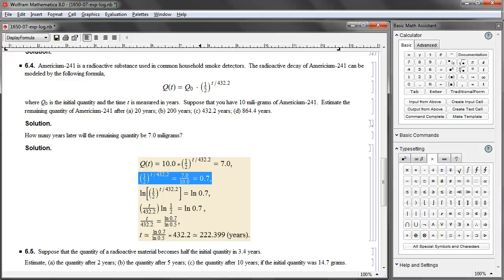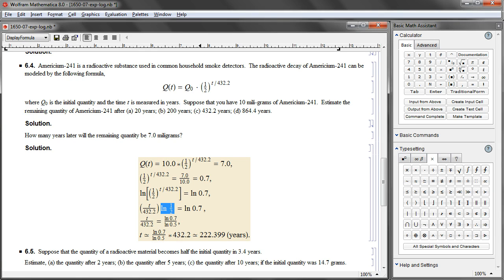Now what do we do? The first thing I like to do in this kind of situation is to take the natural log of both sides. Log and exponential in this case will not completely cancel out. However, we can still use the log rule, which means we can take this power outside, and we have t over 432.2 times log of 1/2.